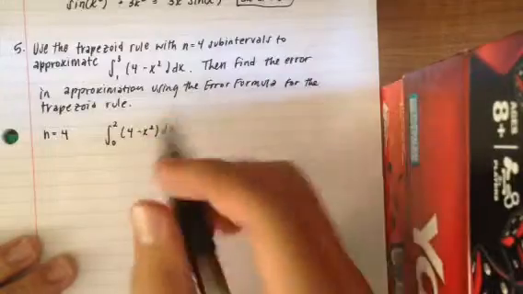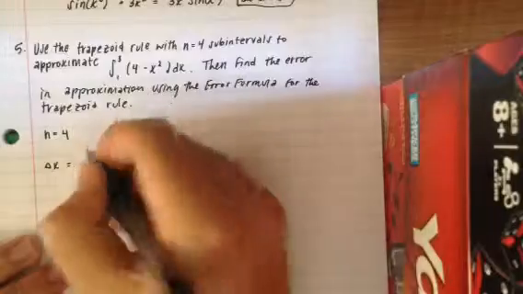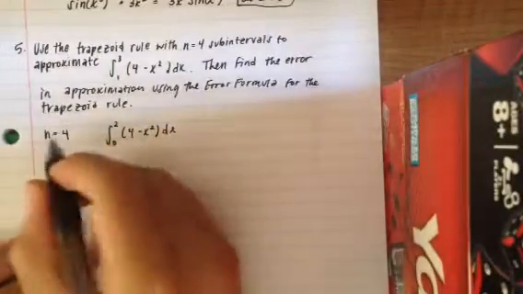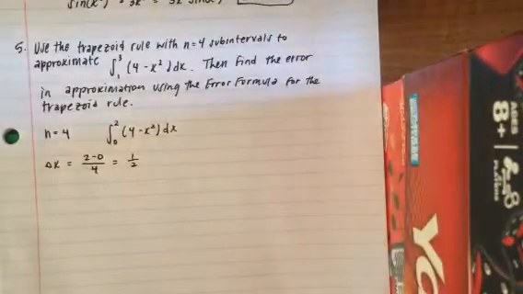Well, one thing I have to know is delta x for the formula. So delta x would just be 2 minus 0 over n, which is 4, so 1/2. And I'm going to need that for my formula.